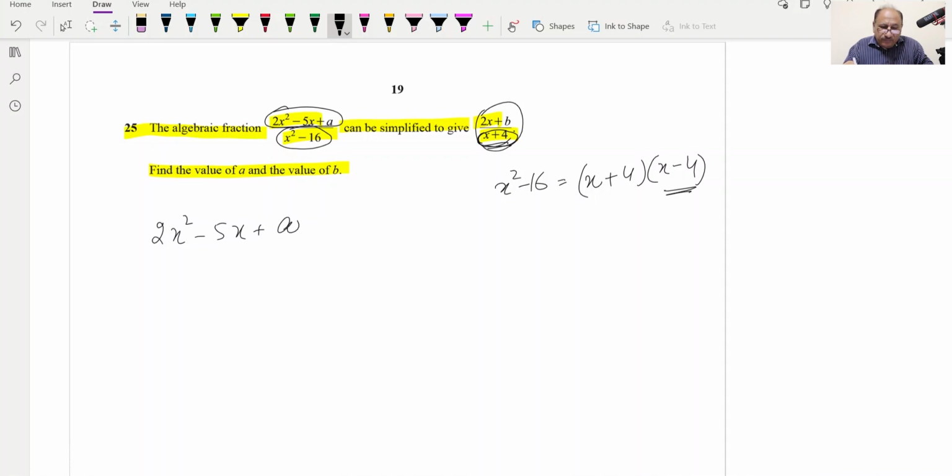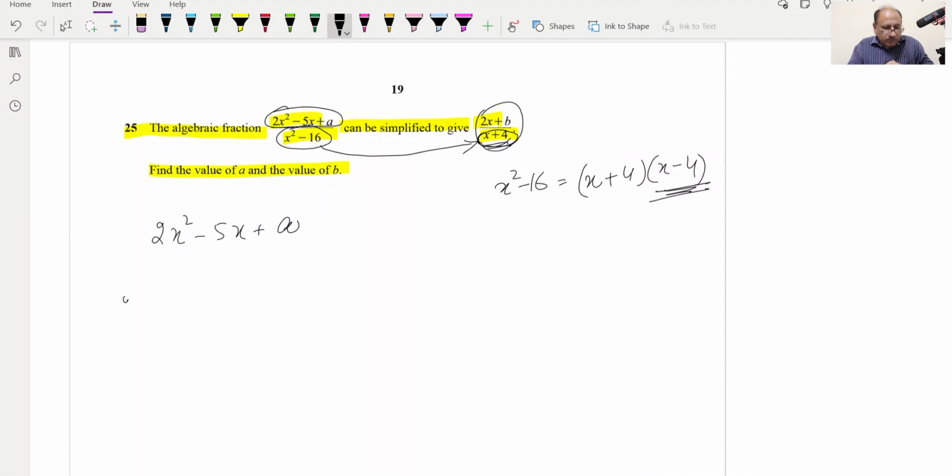So this is giving us hint that numerator is containing x minus 4, which is cancelled, and we are getting x plus 4 in denominator as answer. So it means here we are having x minus 4 multiplied by something, so we can factorize this.